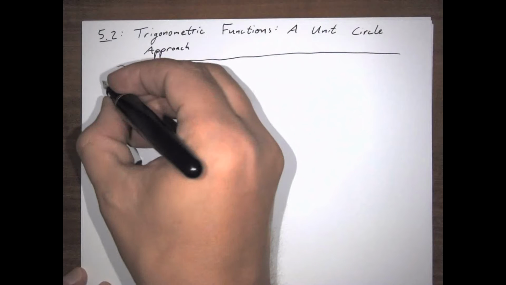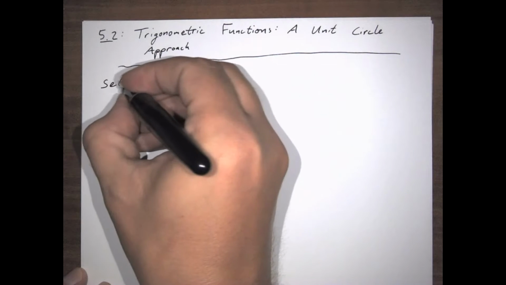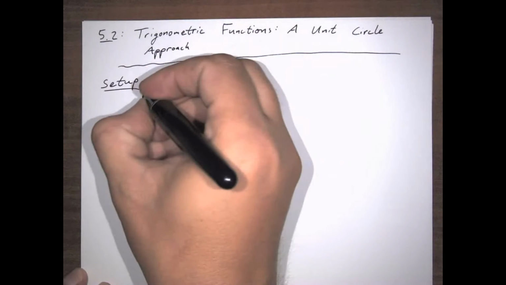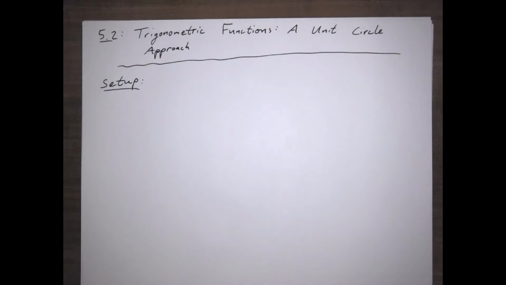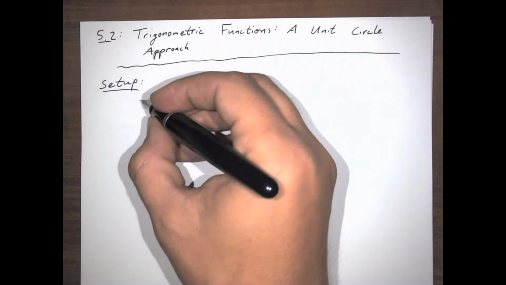So first off, let's just discuss our setup. The title of this section is Unit Circle Approach, but actually we'll find it useful to be a little bit more general than that and talk about circles of any radius. The only thing that's really important is that the center be at the origin.